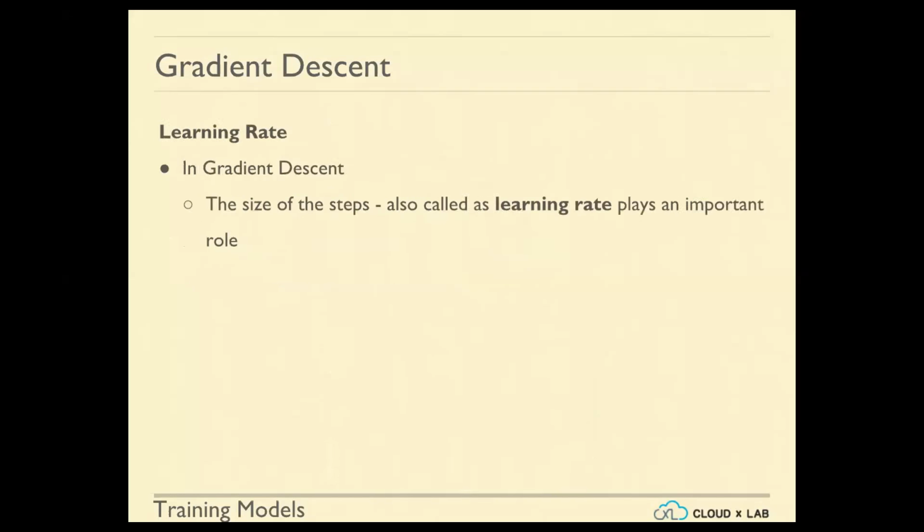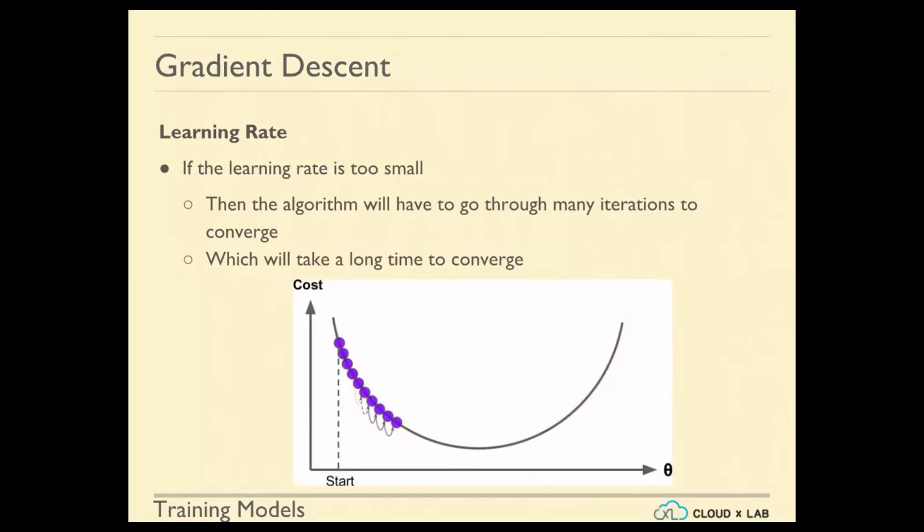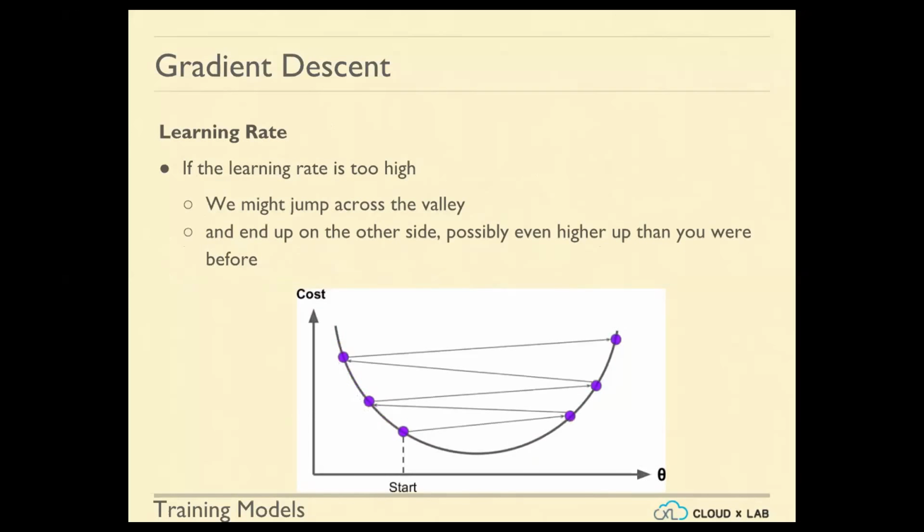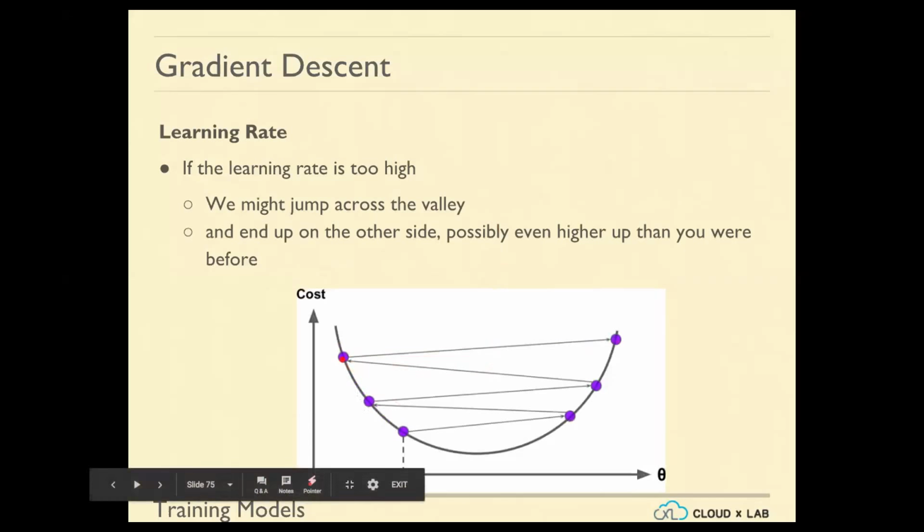The learning rate is how big a step we are taking. We multiply that number with each step, and that is the learning rate. If the learning rate is too high, then, let's say we were here and we took a really big step, we went all the way to here.